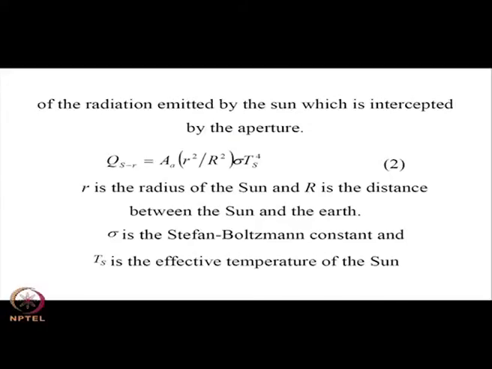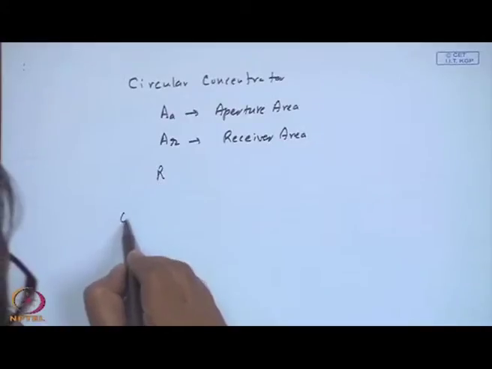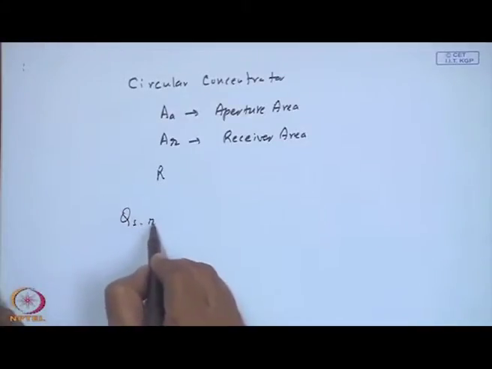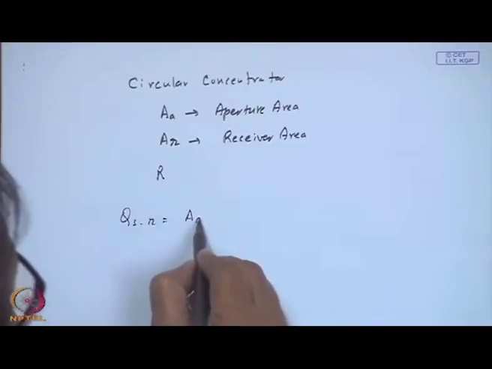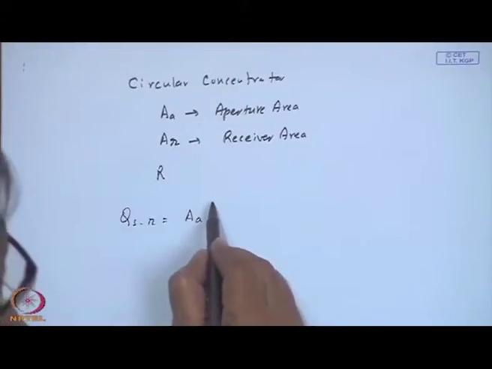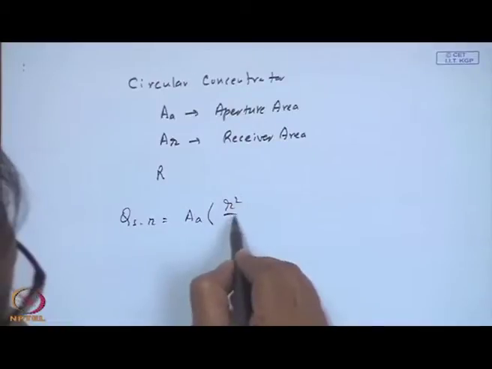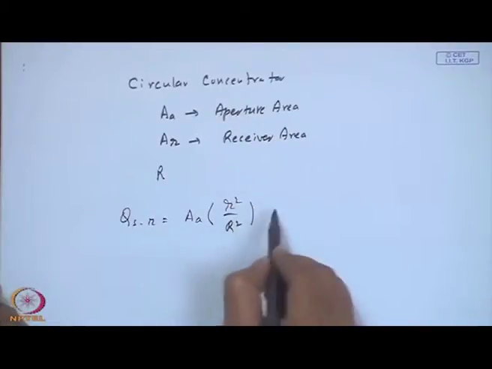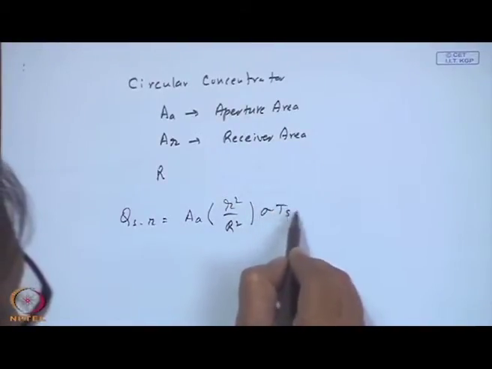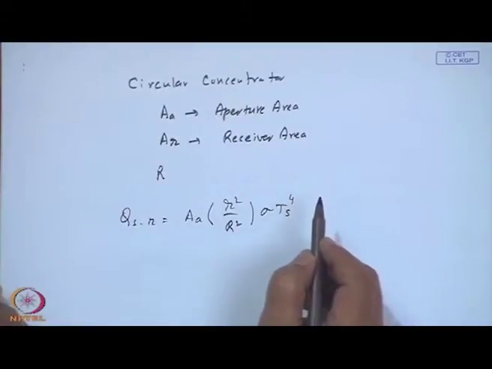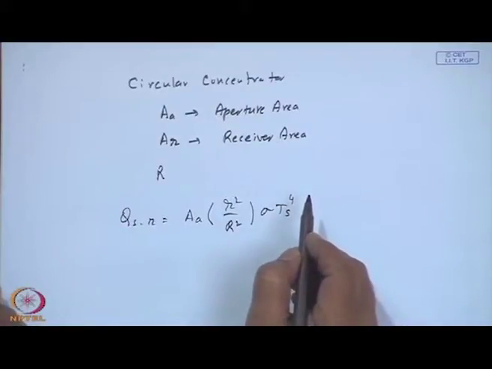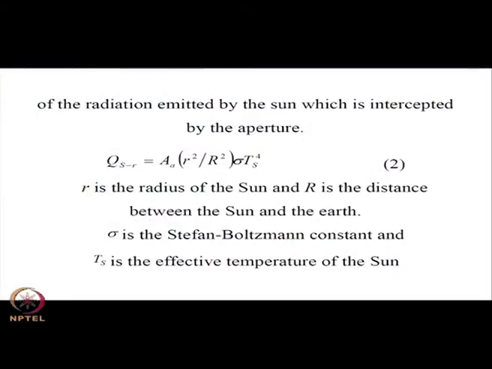Solar radiation emitted by the sun received on the earth is Qs = A r squared upon R squared times sigma Ts to the power 4, where sigma is the Stefan-Boltzmann constant, r is the radius of the sun, R is the distance between the sun and the earth, and Ts is the effective temperature of the sun.